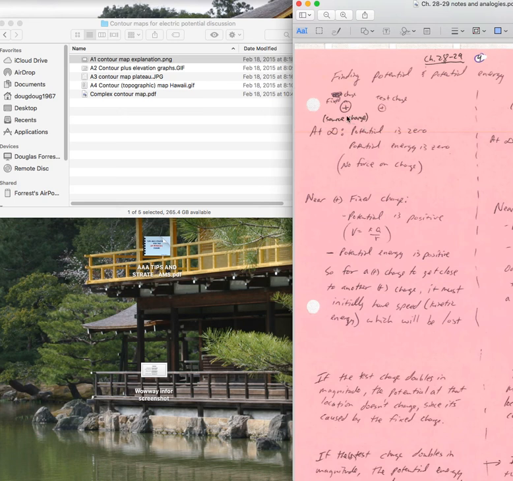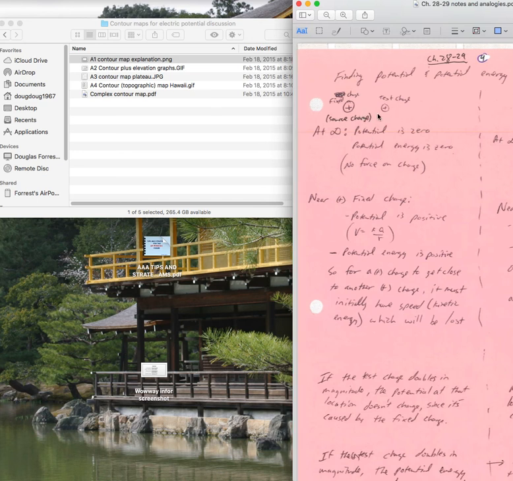It would also be equal to force times the distance. But the force is changing, because as I get closer and closer to this positive charge, it takes more and more force to push this test charge close. So the easier way to think about the change in potential energy is Q times delta V. So find the change in voltage.